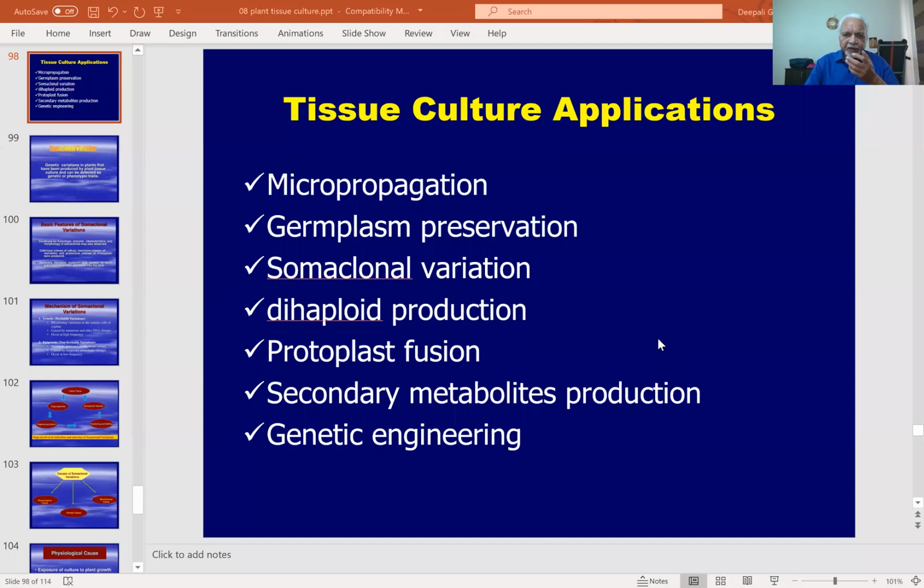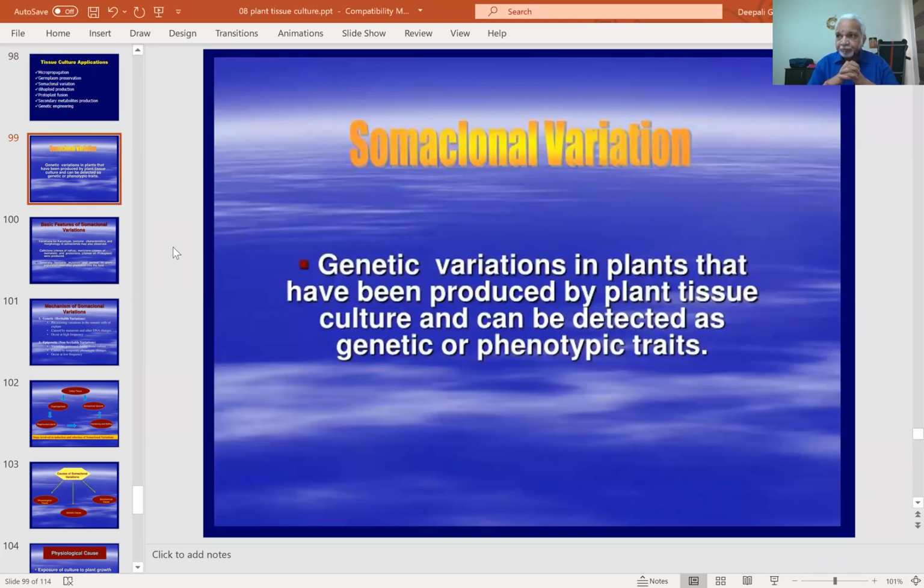etc., etc. Okay, so this is the slide I put every time, which has listed the application of tissue culture techniques, and I'm going to talk about the somaclonal variations. So let us look at what somaclonal variations are.